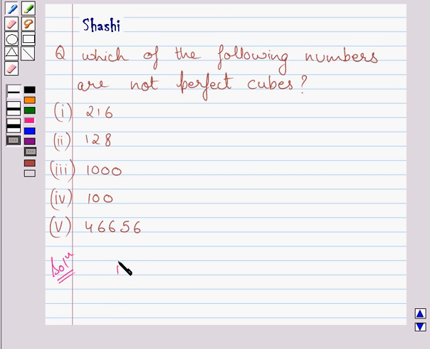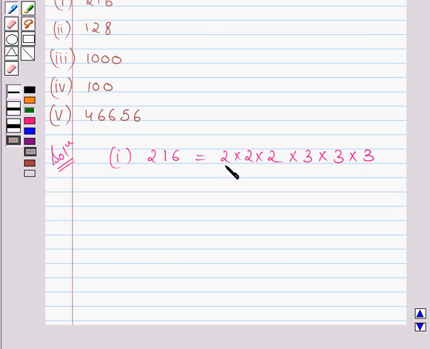Now consider first given number, that is 216. Now its prime factorization is 2 multiplied by 2 multiplied by 2 multiplied by 3 multiplied by 3 multiplied by 3. Clearly you can see 2 is appearing 3 times in prime factorization of 216 and prime factor 3 is also appearing 3 times in prime factorization of 216.